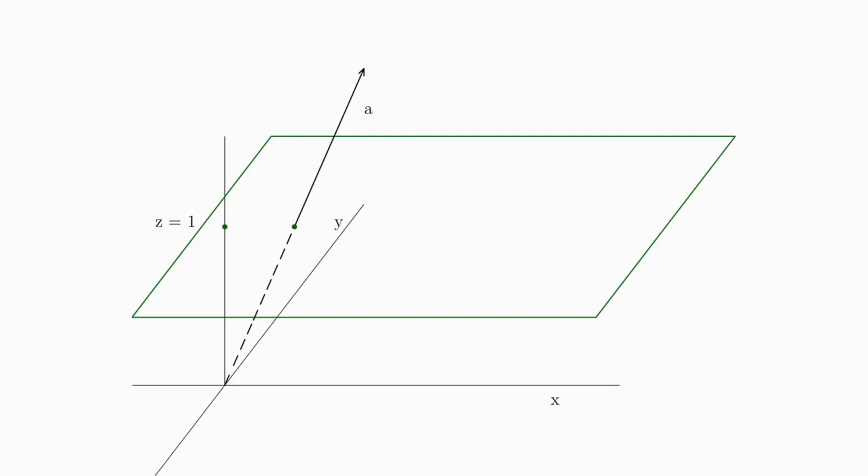This is a 1D subspace, and this 1D subspace intersects our projective plane in one single point. This way we can identify a specific point in the projective plane with a specific 1D subspace, which is in turn identified by its direction in the 3D space.